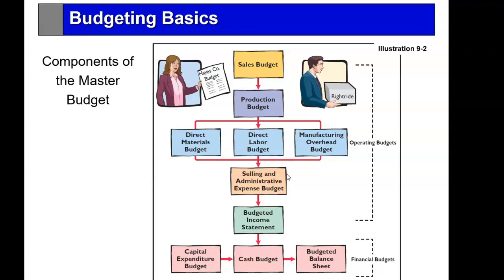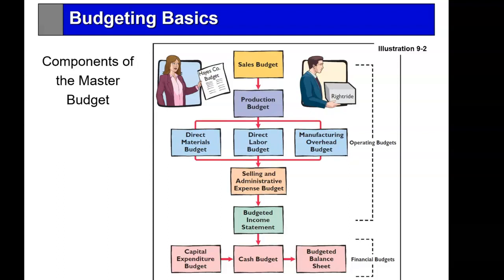Then in the operating expenses, you have selling and admin. And again, selling has variable costs that vary with the amount of sales and fixed costs. And admin has variable costs too that vary with production or sales, and fixed. And then when we put all that together, what we have is the budgeted income statement.